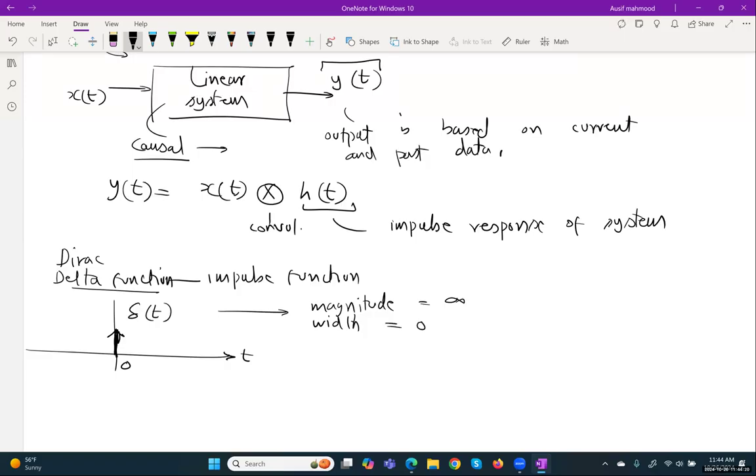Width is 0, right? So remember in math, if you do an integral of a function, what does integral mean in practical terms? Area under the curve, right? So for example, let's say this is 2, this is 3. If this is some function f of t and I did an integral of this, what will I get?